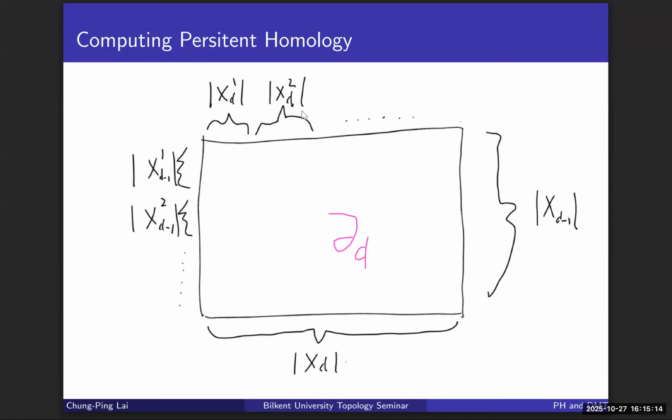If a D cell first appears in the second frame, we put it after the cells of the first frame.